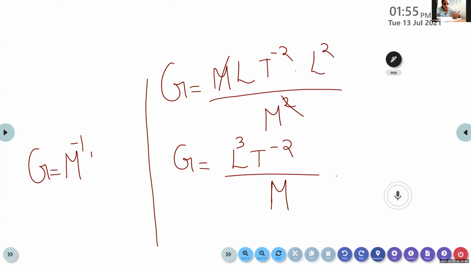M raised to minus 1, L cube and T raised to minus 2. Is it clear? So in this way, we can find out the dimensions for the constant.